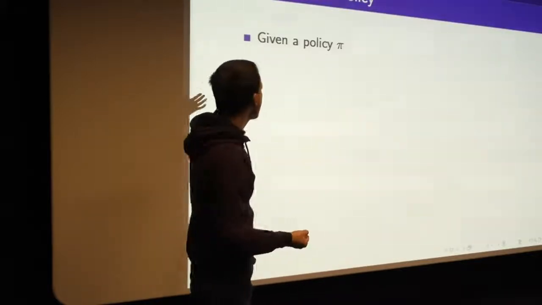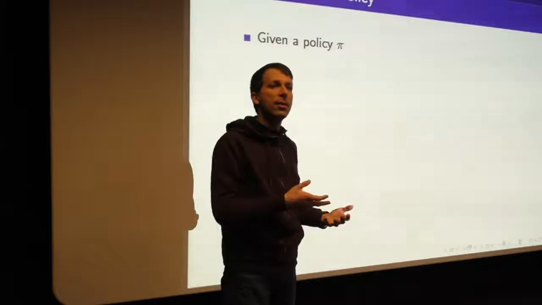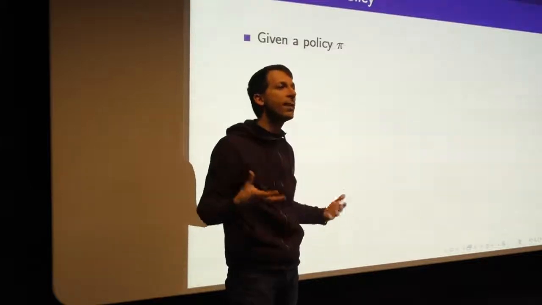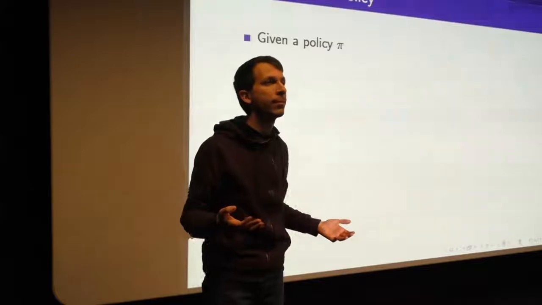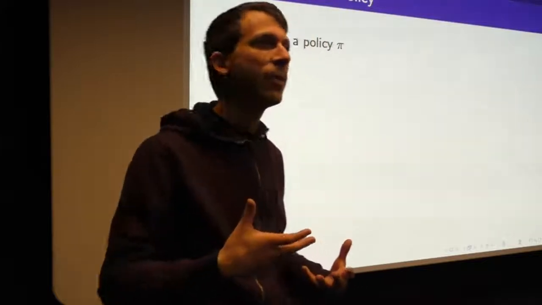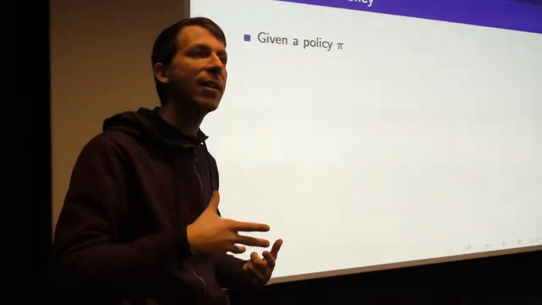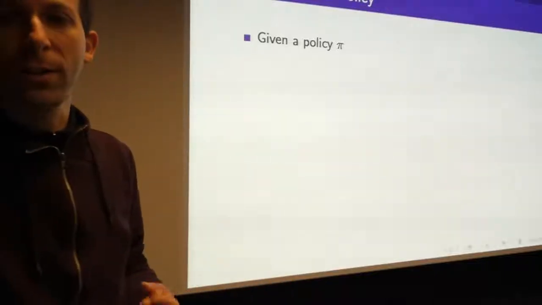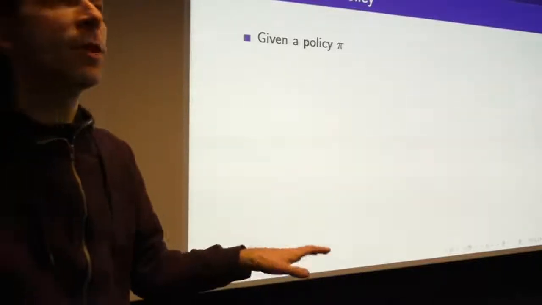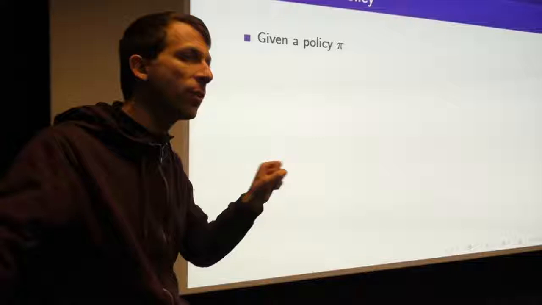If someone gives you a policy pi, how can you give back some new policy that you can say for certain will be better than the one that you had before? And if we had such a process, we could just apply that again and again, and we would end up eventually finding the optimal policy. That's the intuition.